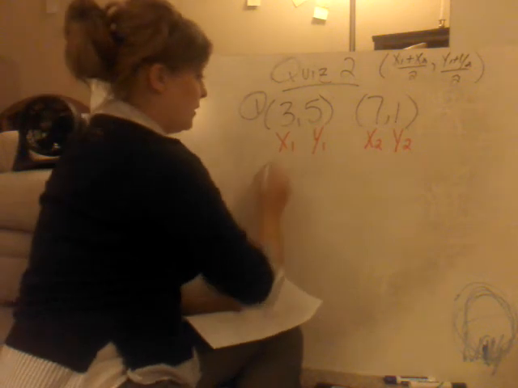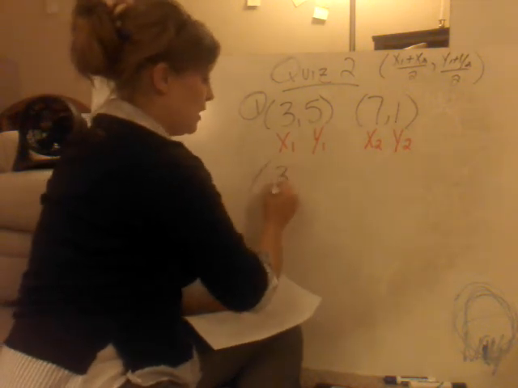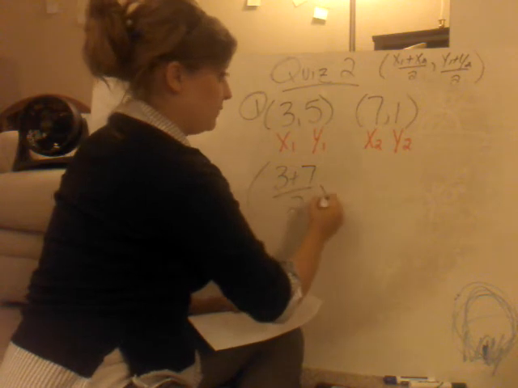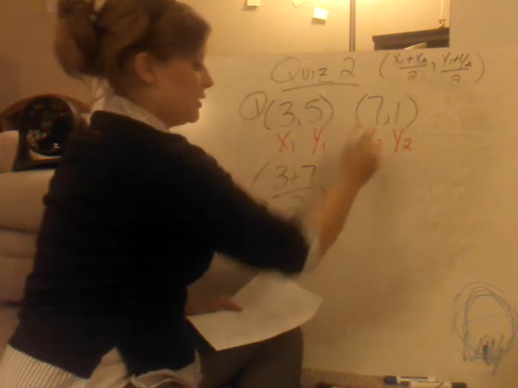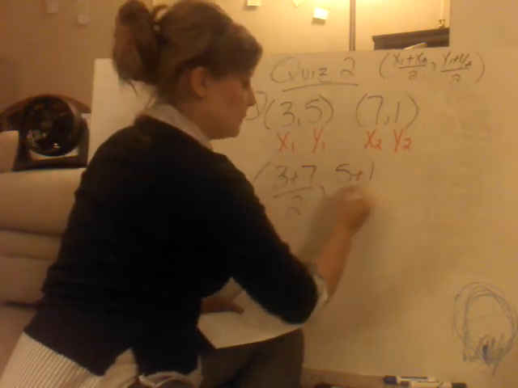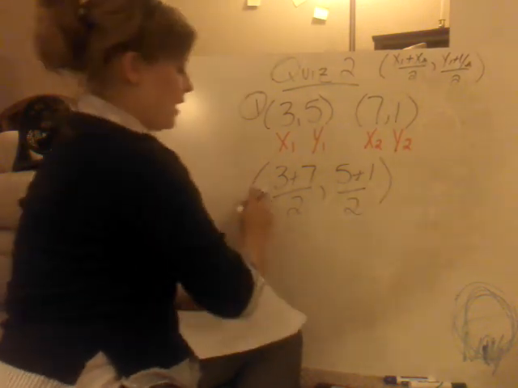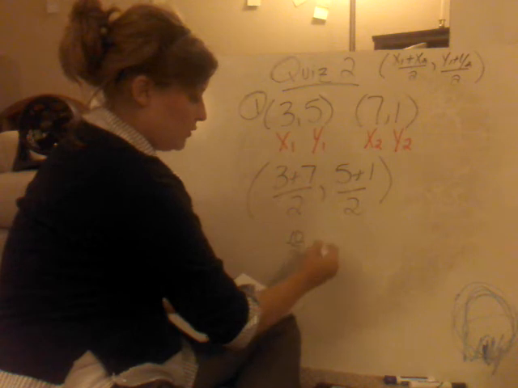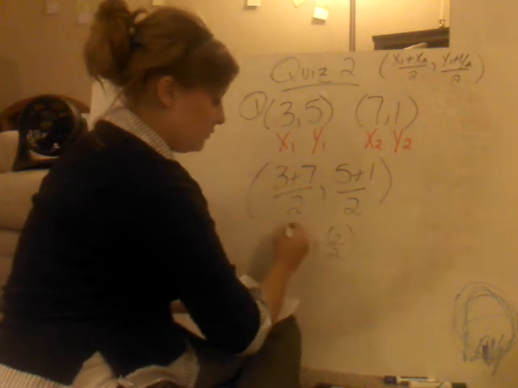So I take my 3, my x1, plus my 7, my x2, divide by 2. I take my 5 plus my 1, divide by 2. I've got 10 over 2, so 10 divided by 2, and 6 divided by 2.